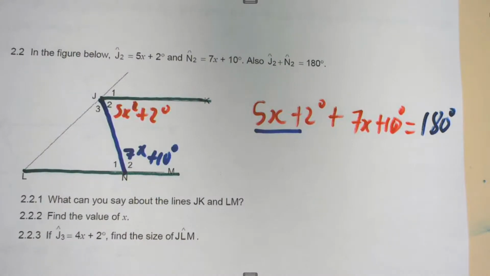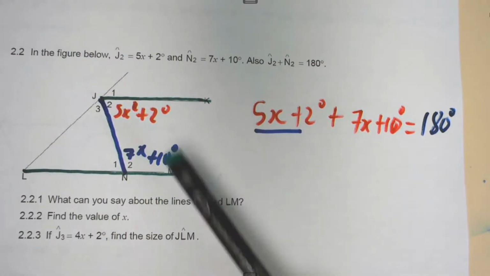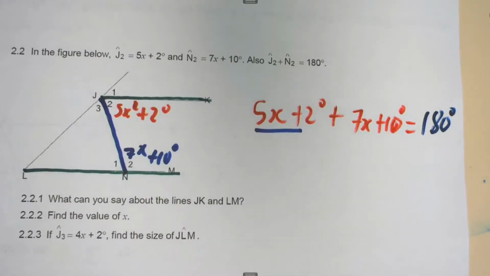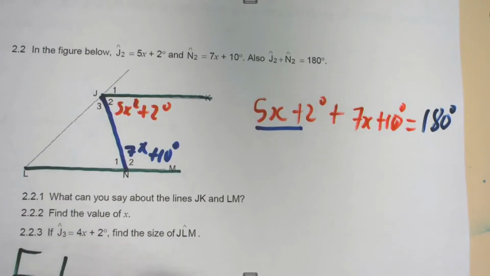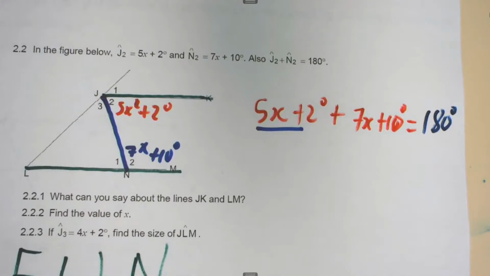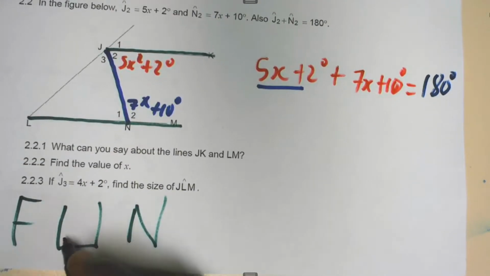Aha. Now, if that's the case, they are telling you J2 and N2 add to 180. What does that mean? It tells you, remember the F, the Z, the C shape: co-interior angles.